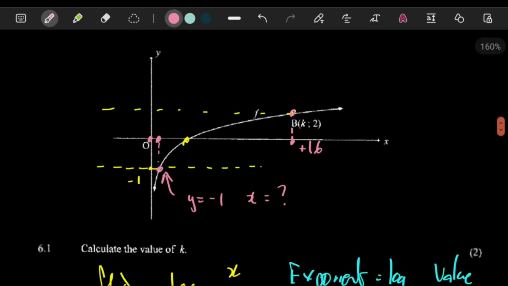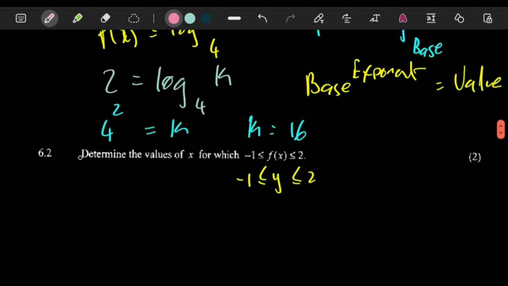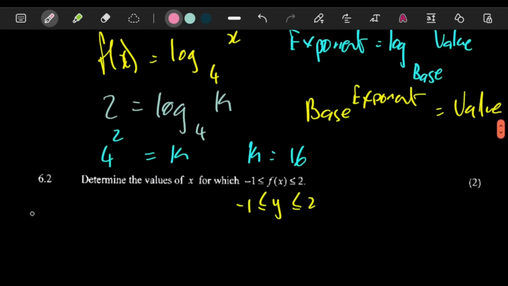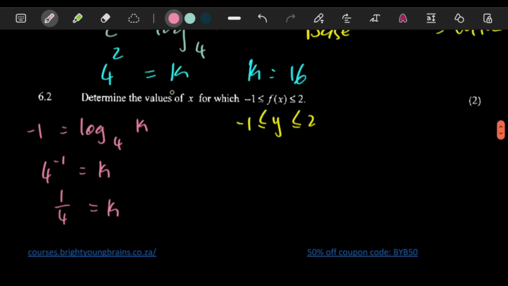where y is -1. So you have to put -1 in the equation of your graph. So in the equation of your graph, this is -1, log with a 4 and a k. So this is base to the power of an exponent. Base, exponent, this is k. You've got a quarter here. We got k to be 16, so why are we still working out 16?